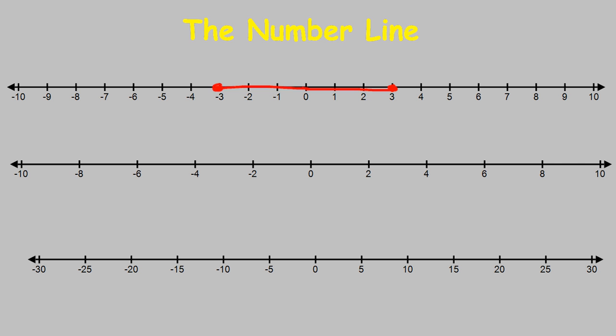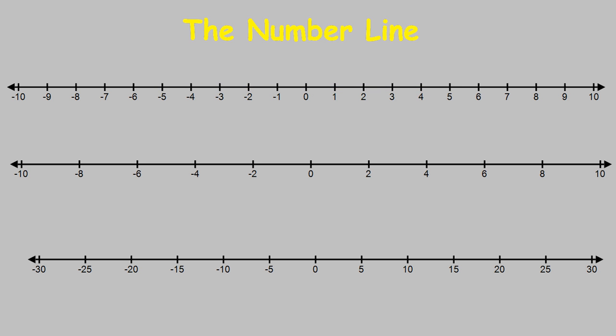If we had another number like -5 here, its opposite would have to be the same distance from zero, but on the other side of zero, which would be +5. So basically, you're going to change the sign from a positive to a negative, or from a negative to a positive.